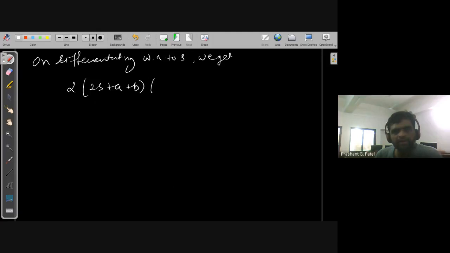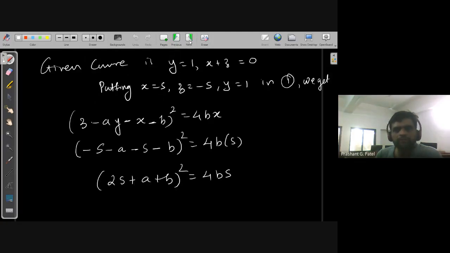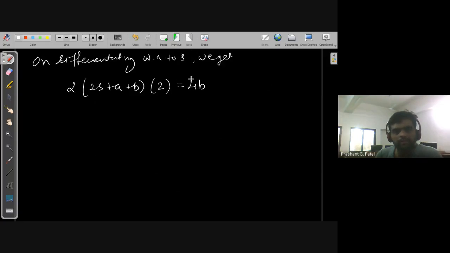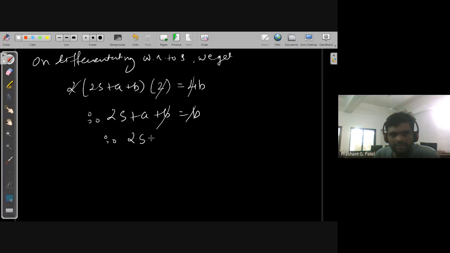The derivative of 2S with respect to S gives me 2, which is equal to, on the other side, 4BS. The B and 4 will get cancelled. So from this we get the value of S. That will be 2S plus A plus B is equal to B. B will get cancelled. It gives me 2S plus A equal to 0. So that will give me S is equal to minus A by 2.